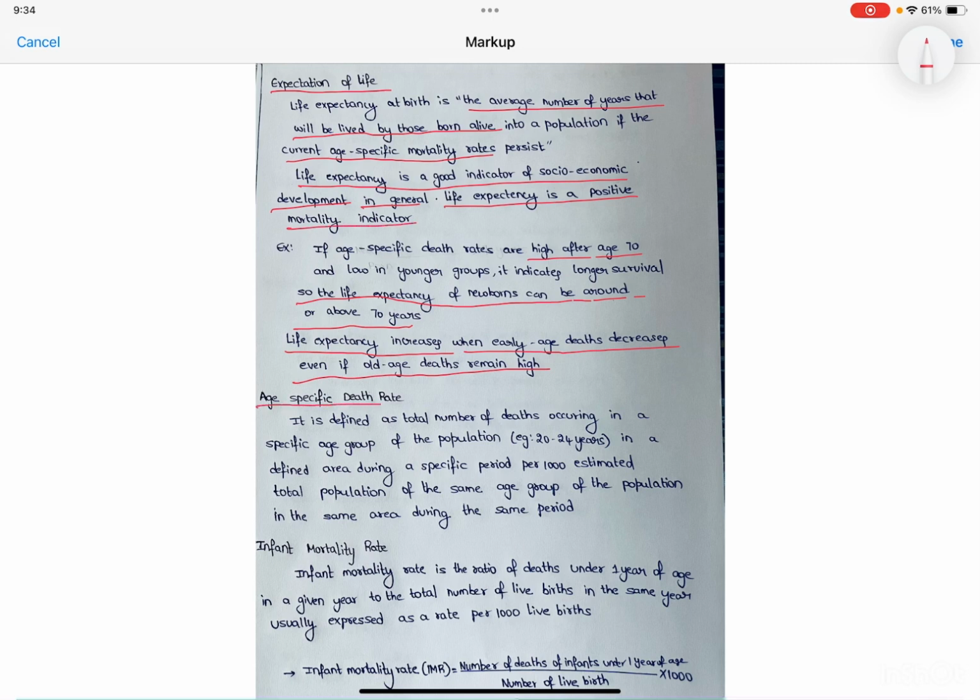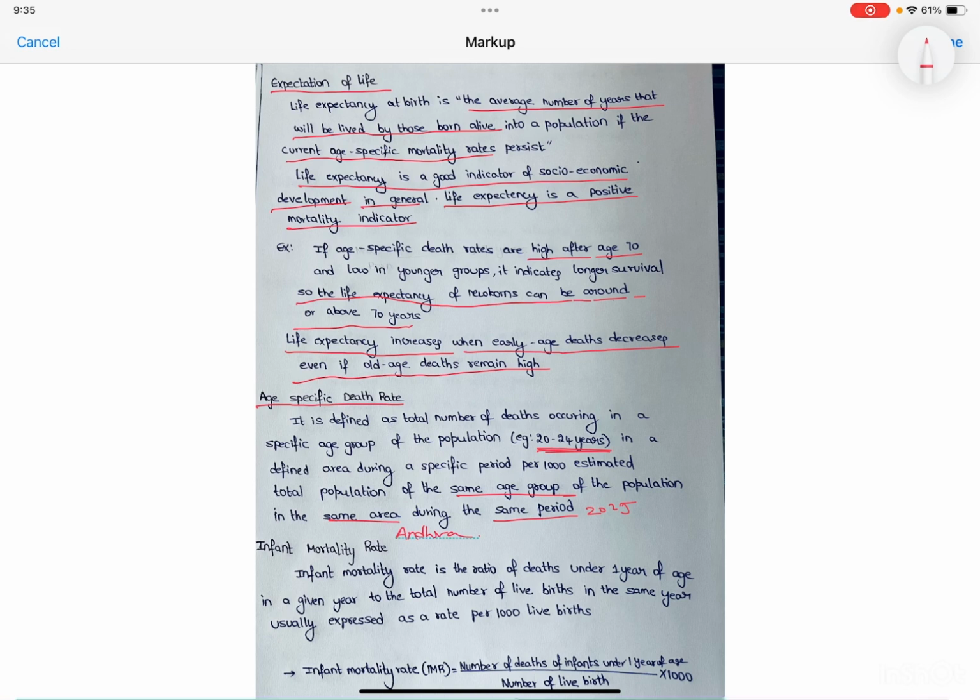Age specific death rate. You need to consider, for example, the period as 2025 and the area as Andhra, and the age group as 20 to 24 years.